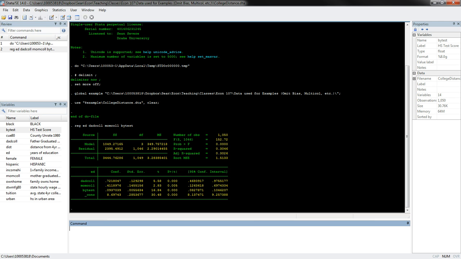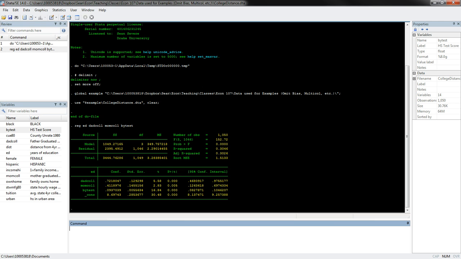In this region, this tells us the number of observations, whether the model overall is significantly predicting education better than a mean. We have the r-squared, adjusted r-squared, and root mean squared error of the regression. And then this bottom portion is telling us our coefficient estimates, the standard errors, the t-test, the p-values, and the confidence intervals for each explanatory variable.